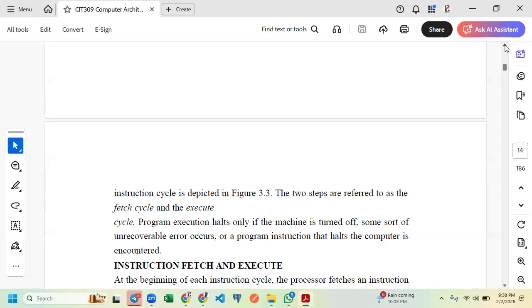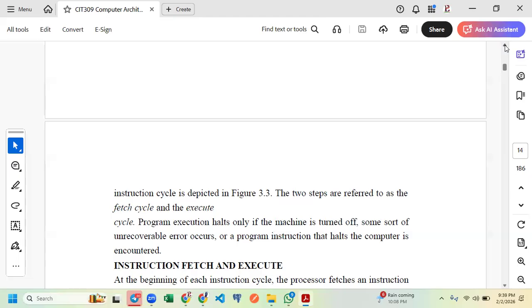From when we input data into the computer, how the control unit fetches that data and executes it. And during the course of executing those instructions, some will be temporarily held by the registers.